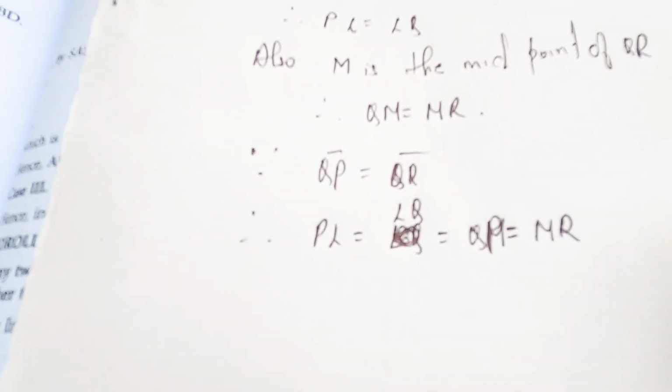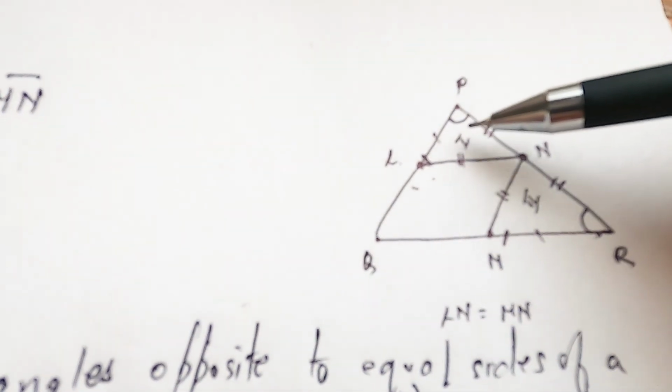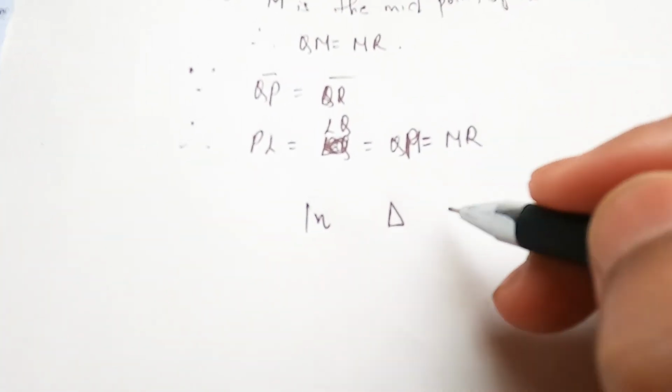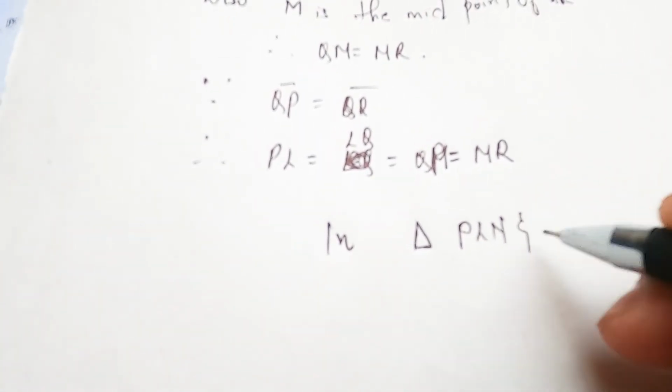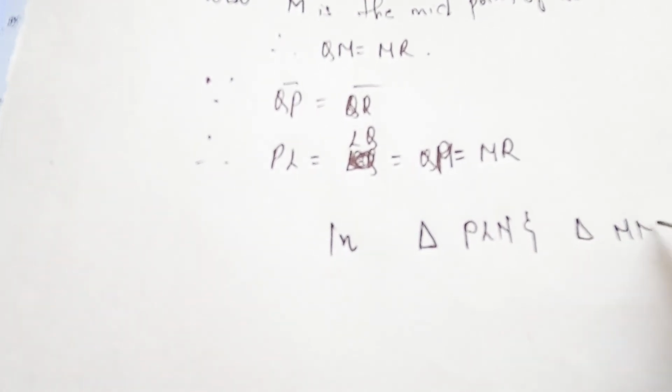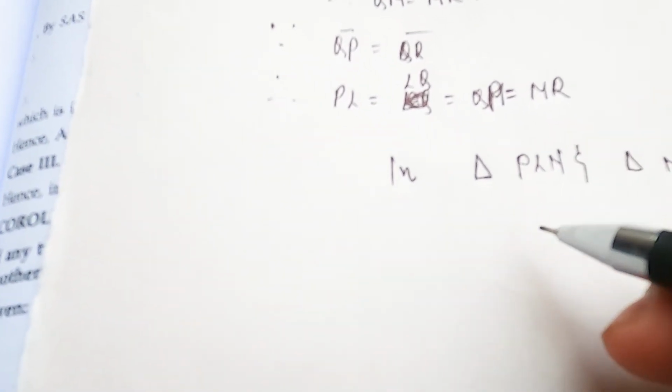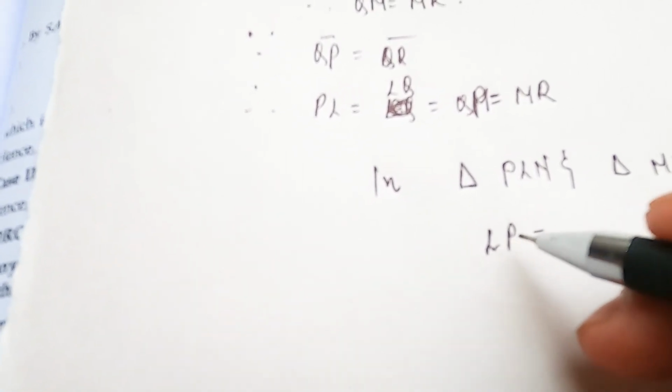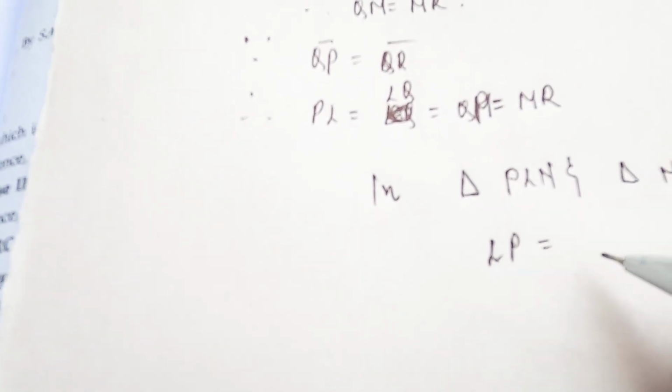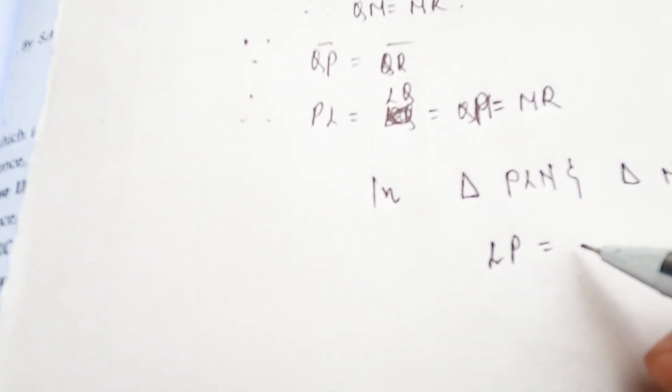Next what we will do is compare triangle PLN and triangle MNR. So you write here, in triangle PLN and triangle MNR, we have PL is equal to MR. How did we know this?